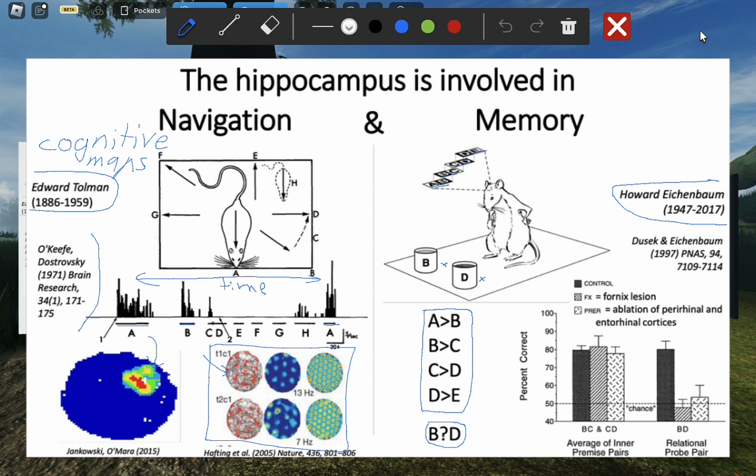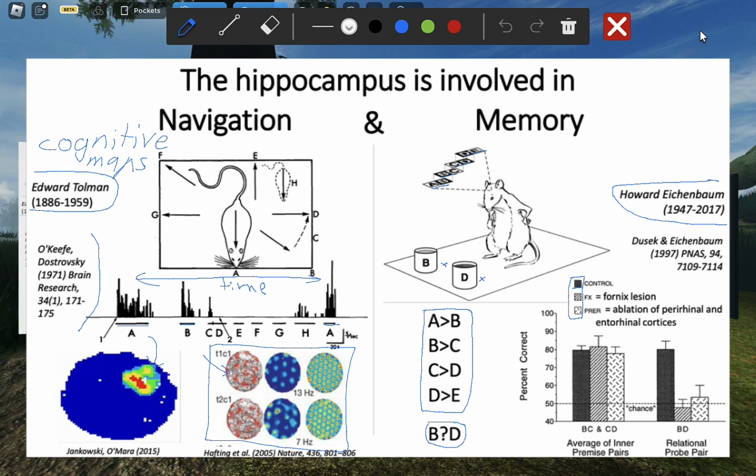In this classic experiment, they had three different conditions, shown in these three little shaded keys. The first one, the full one, is a healthy animal, and in the second two, they destroyed a little bit of the connections and the tissue in the hippocampus.